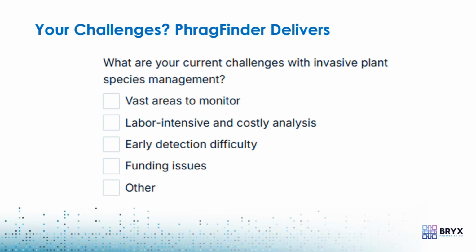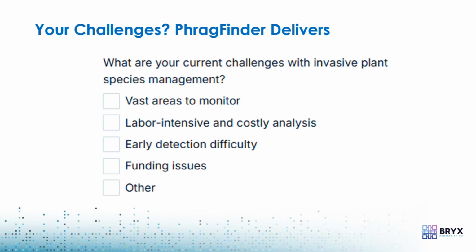PhragFinder is also providing automated acceleration for you. So your important time won't be taken up by having to visually identify phragmites and draw those polygons. Instead, PhragFinder is saving time and resources, which reduces costs. And finally, ready to run. That's a huge selling point of PhragFinder.